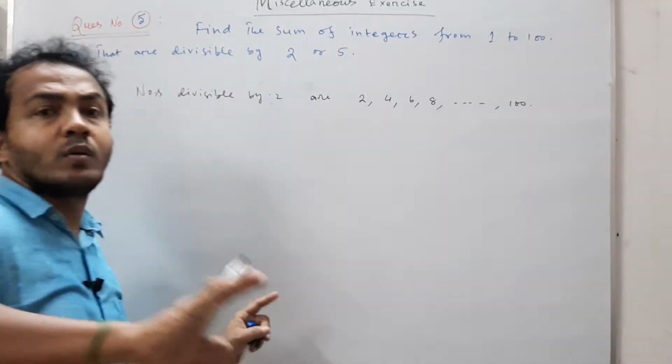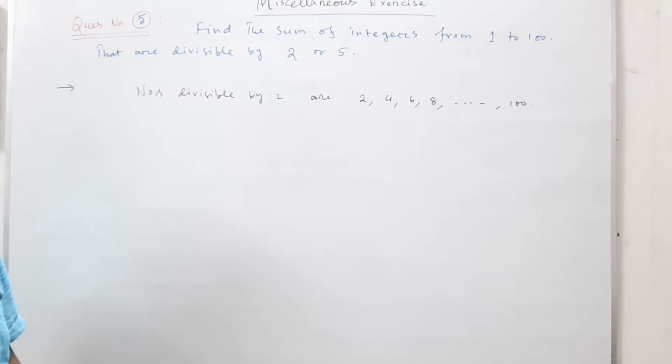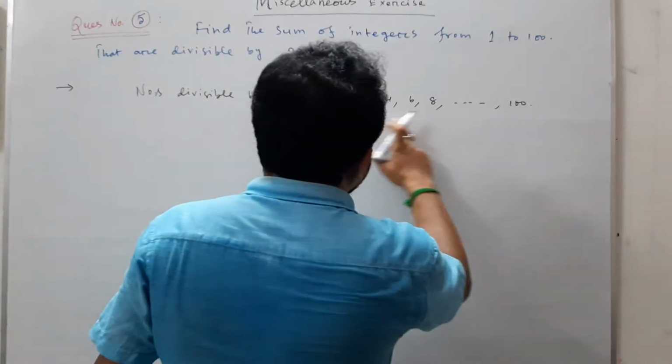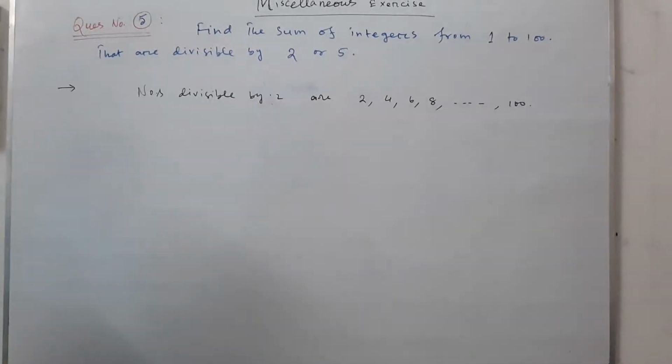We do not go beyond 100. So these are the numbers which are divisible by 2.